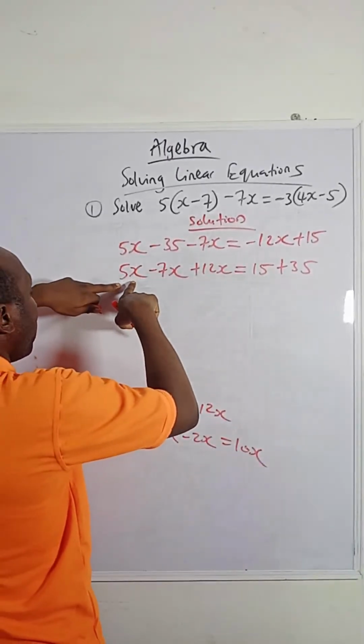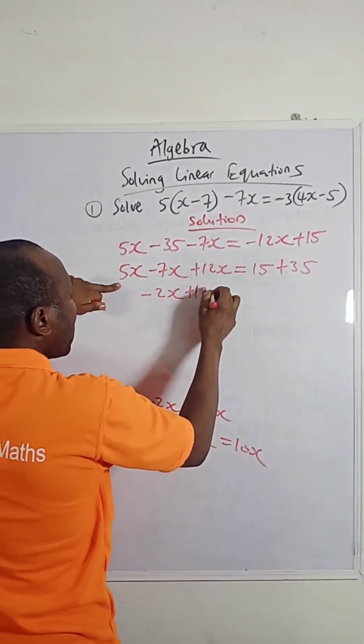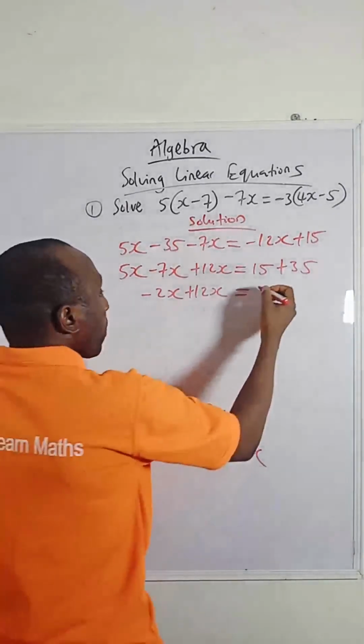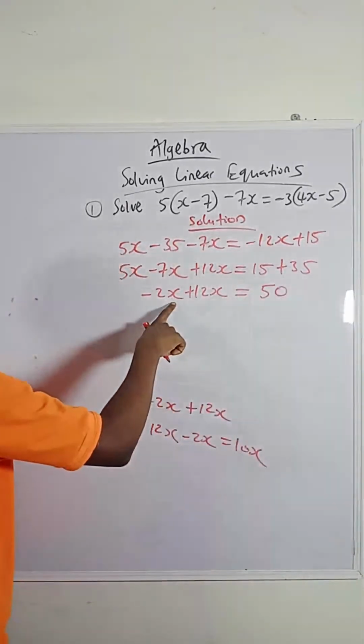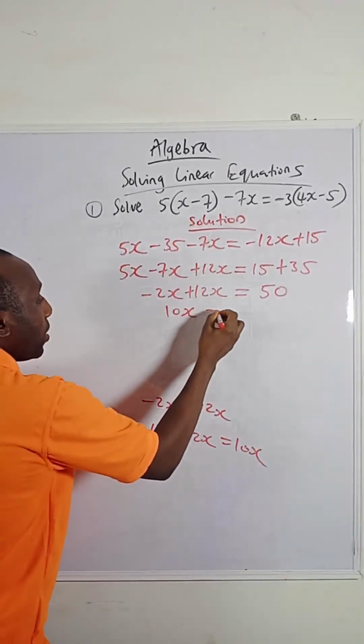So 5x minus 7x is minus 2x, then plus 12x. What's 15 plus 35? It's 50. So minus 2x plus 12x, like I've explained here, is 10x. And this is equal to 50.